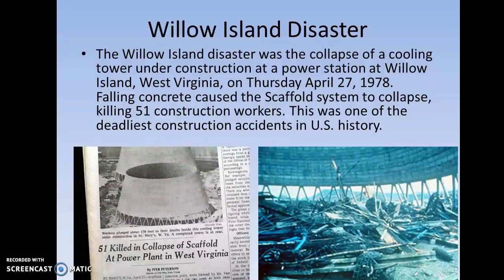What pretty much happened was they were trying to pull concrete up the scaffolding on the side of this cooling tower, and the weight of the concrete ripped the scaffolding off of the top of the building because it was only braced on the top. It ripped it off of the structure, and it just collapsed all the way to the ground. It killed 51 construction workers.